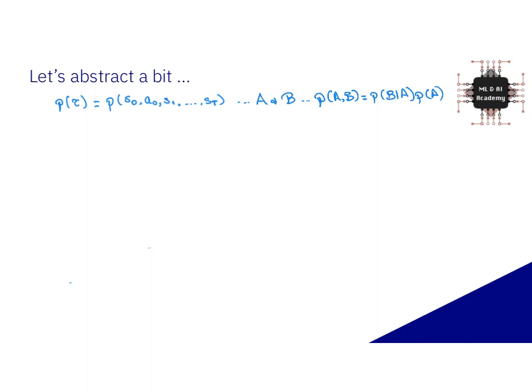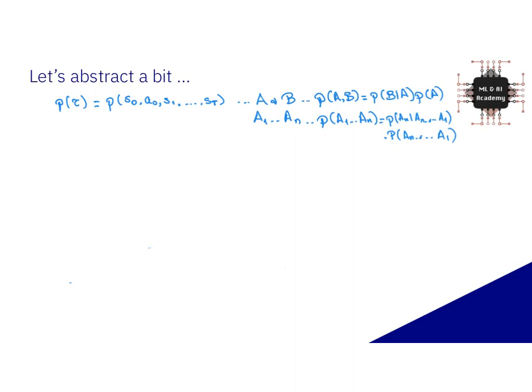But now we can, in fact, extend this to more than two events by saying that if we have a set of events A1 up to AN, the joint of A1 up to AN can be written as the conditional of AN on AN minus 1 up to A1, so condition the last on everything else, times the joint of everything else, so AN minus 1 up to A1.